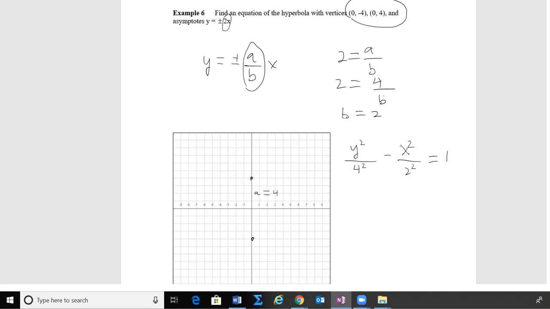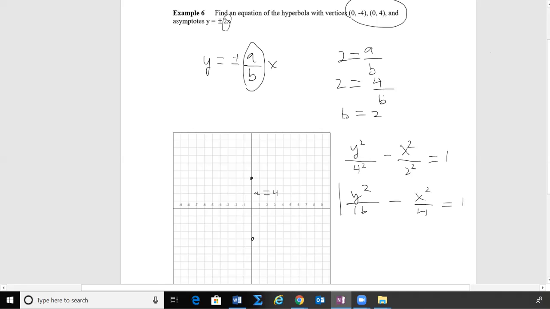And we're almost there. I'm just going to write this then as y squared over 16 minus x squared over 4 is a 1. And that's all you need.